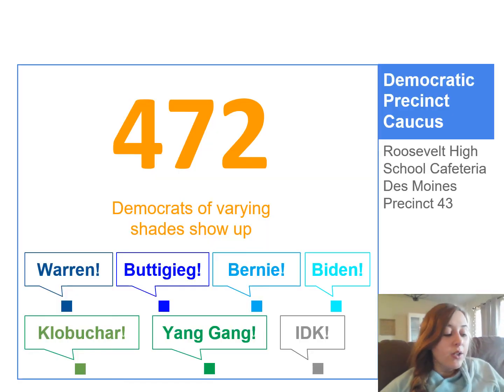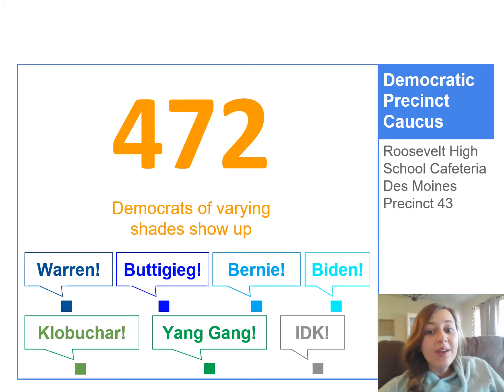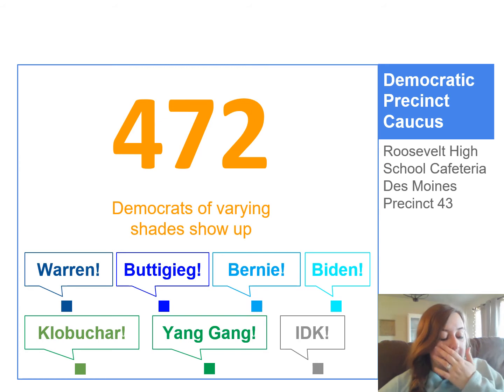All right, so I want to demonstrate to you how this works. To do that, we're going to look at the Democratic Precinct Caucus for 2020 that happened in Precinct 43 in Des Moines, Iowa. At this point, we still have quite a few Democrats in the race for the presidency.